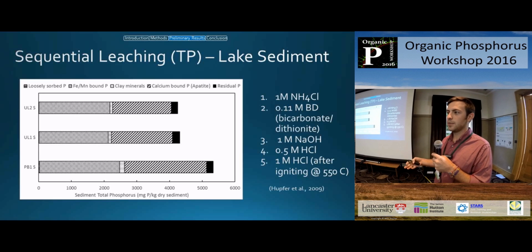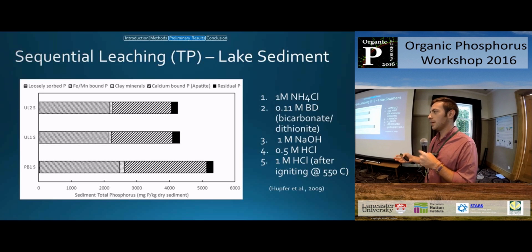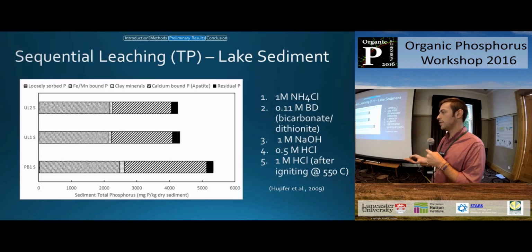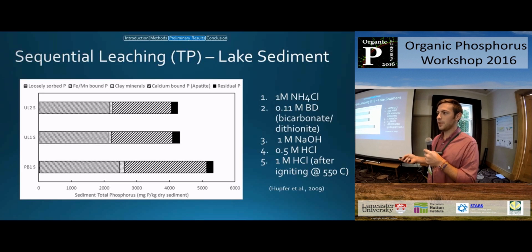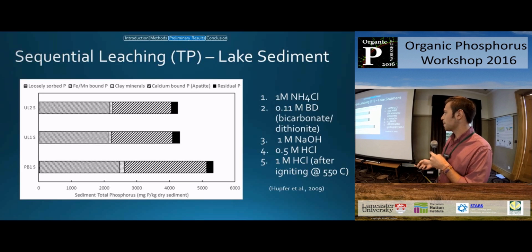There's a lot of calcium, so it could be calcium carbonate, or we could actually be seeing hydroxyapatite precipitation. These are my extraction methods, which look similar to the soil extractions that we do.